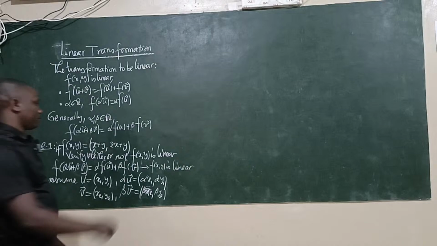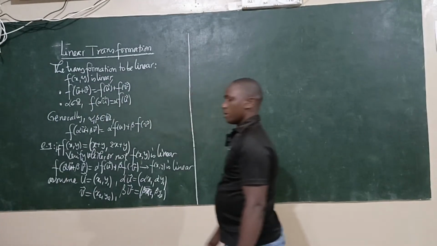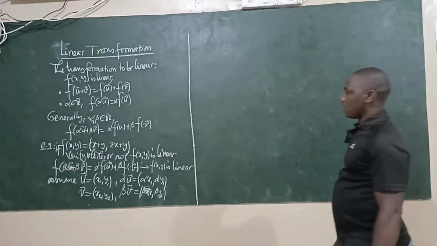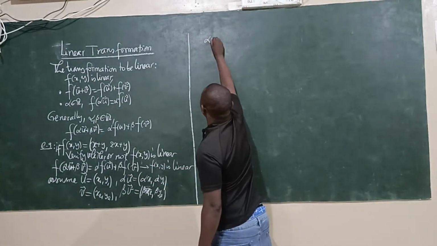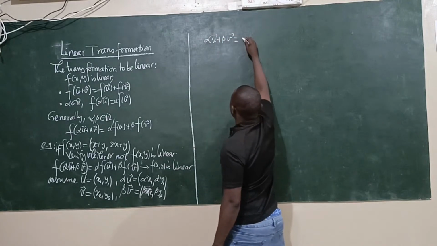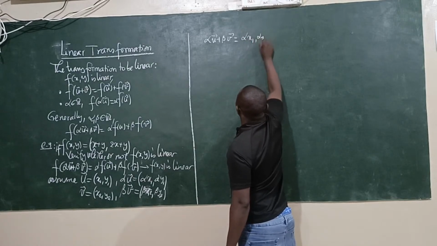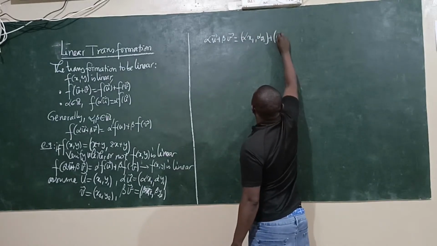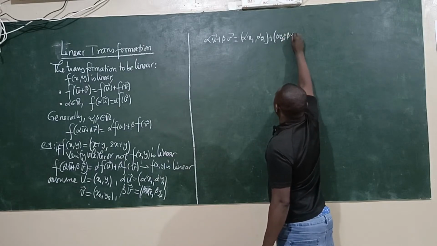Let's continue. Here we need to have alpha u plus beta v. What is this? This is going to be alpha x1, comma, alpha y1, plus beta x2, comma, beta y2.